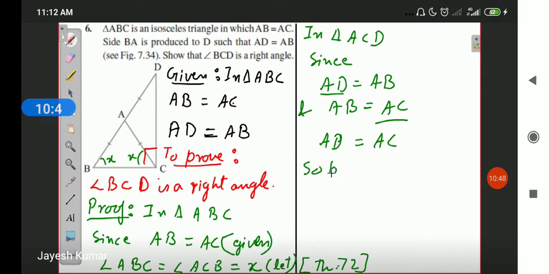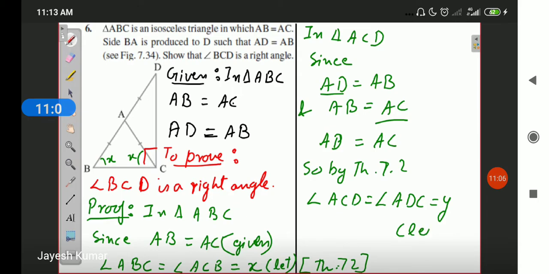So by theorem 7.2, angle ACD should be equal to angle ADC, and let us say that both the angles are equal to y.